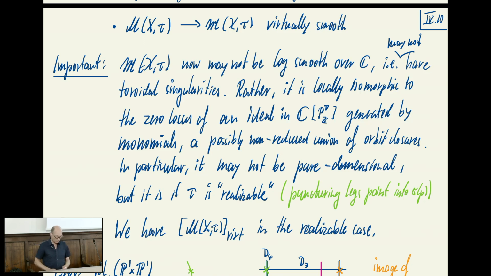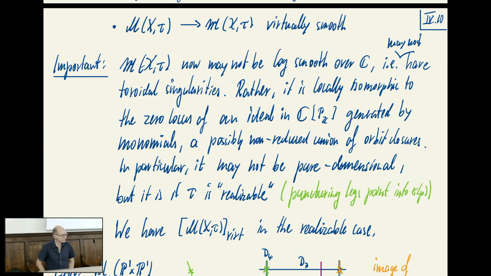Rather, it is locally isomorphic to the real zero locus of a monomial ideal in a toric variety. So you have a toric variety, and we look at the monomial ideal. The zero locus is, of course, a union of strata of closures of torus orbits of various dimensions, plus it can have non-reduced structure. So it's slightly horrible. In particular, it may not be pure dimensional.